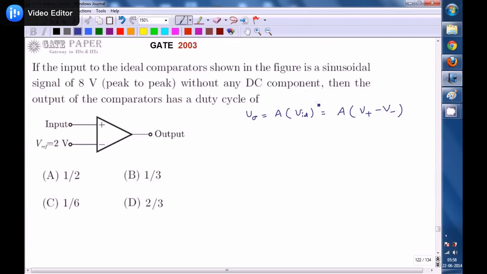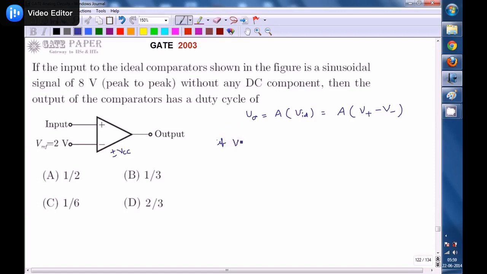So this multiplication always yields a larger value, but since we are applying the power supply as either plus or minus VCC, the output voltage is going to be limited to plus VCC or minus VCC. Whether it is plus VCC or minus VCC depends on which terminal voltage is dominating.